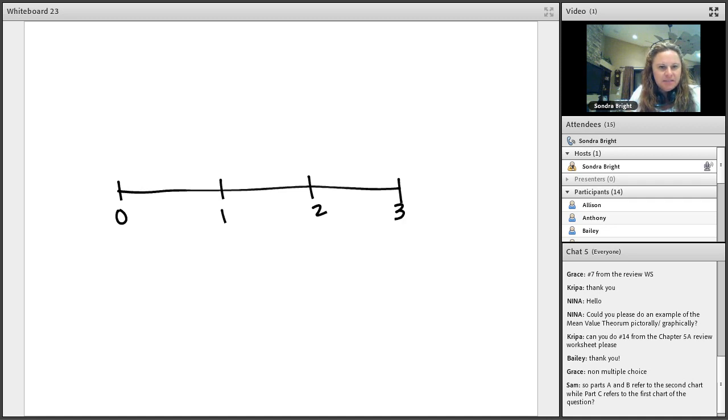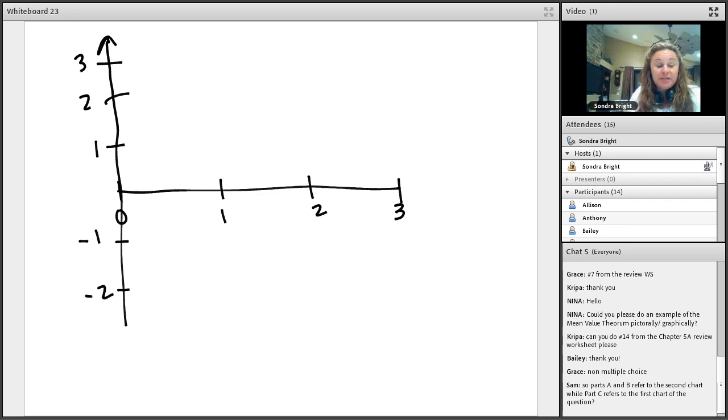Here's my y-axis, and we're going to go up. I made it too big, oh well: 1, 2, 3, and then -1, -2. I'm first going to plot the points they gave me for the graph.